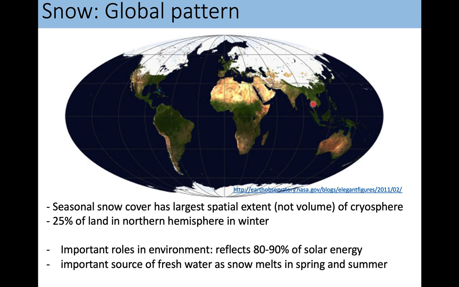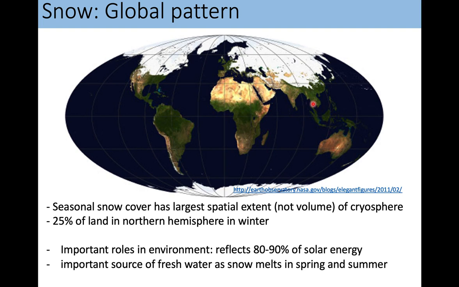So snow plays very important roles in our environment. It's very reflective. It's very, very bright. So it can actually reflect a lot of the incoming light from the sun back out to space, keeping our surface cooler. And it's also a very important source of fresh water for many ecosystems and also people.